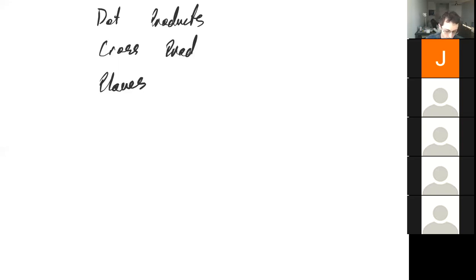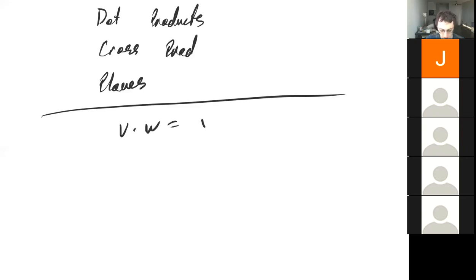Okay, so let's go over it. The main point here is just to get some practice with the law of cosines, right? Because you have v dot w is equal to the magnitude of v times the magnitude of w times cosine theta, okay? And so all we have to do is make sure that this is equal to minus the magnitude of v times the magnitude of w, okay?